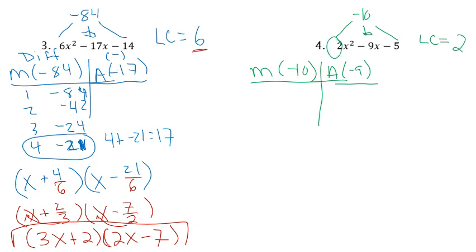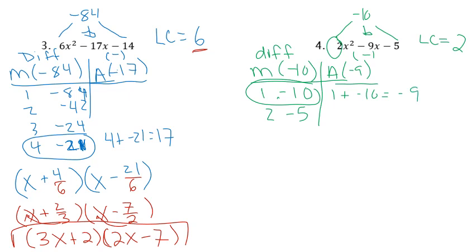Okay, so when we list this out, I know the signs have to be different because it's negative, and the larger number is going to be negative because it's a negative 9. So if I list out my factors, it actually works out that 1 times negative 10 is negative 10, and 1 plus negative 10 is negative 9. So this would be my factor pair.